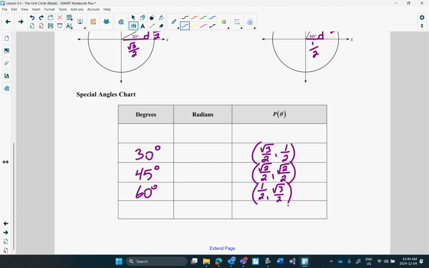But now we're adding radians. Like, this is grade 11, this is grade 12. What is 30 degrees in radians? Don't we times it by pi over 180 to convert from degrees to radians? So that gives us 30 pi over 180, which is pi over 6.